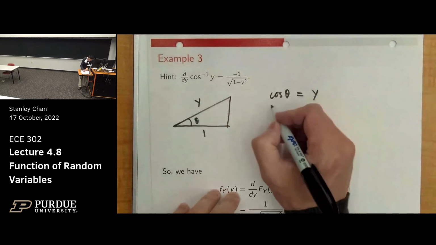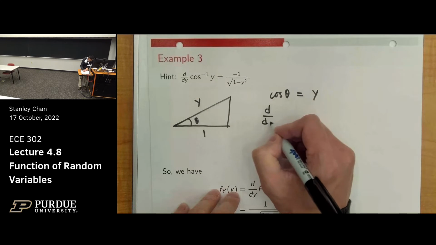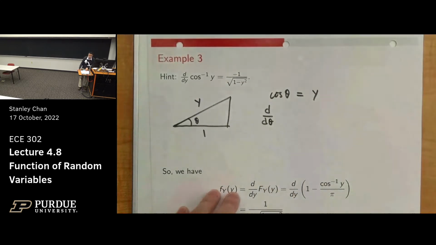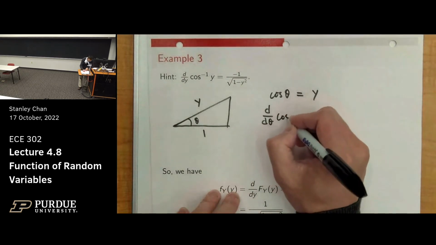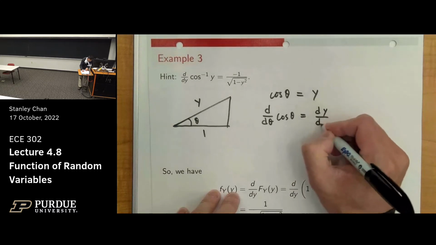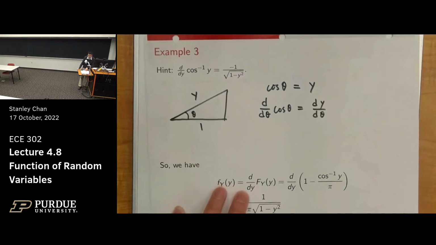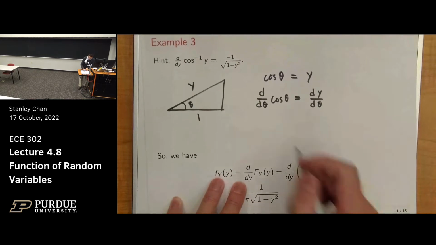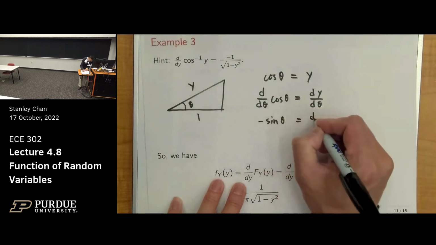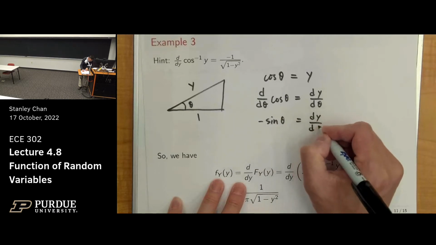So let's take the derivative with respect to theta. So the derivative of cosine theta is dy/dθ. And then what is the derivative of cosine theta? It is minus sine theta. So that's going to give you dy/dθ.